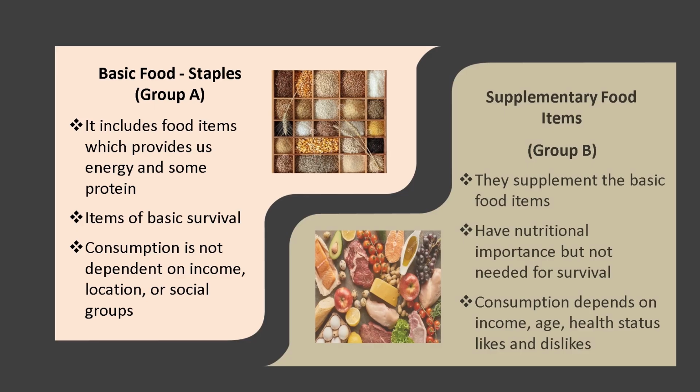The other group, as you can see in the figure, is called Group B. It includes supplementary food items. These items supplement the basic food items. So it means that when food items in Group B are added to Group A, we get a complete meal, that is, a balanced meal. They have great nutritional importance, but they are not required for our basic survival.